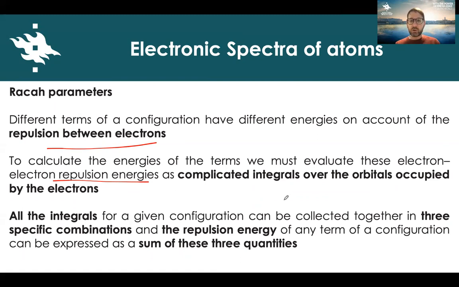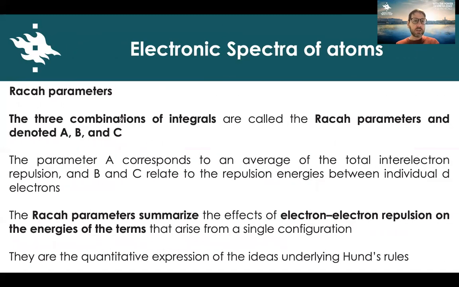All these integrals can be calculated, but what is interesting here is that we can make an approximation in which all these integrals can be collected together in 3 specific combinations, and the repulsion energy for any term of any configuration can be expressed as a sum of these 3 quantities. The 3 combinations of integrals are called Racah parameters, and they are denoted as A, B, and C.